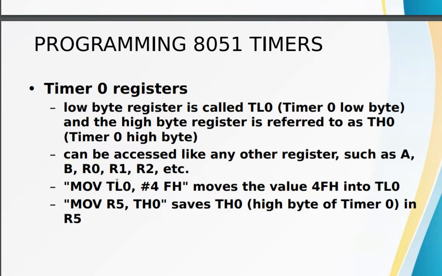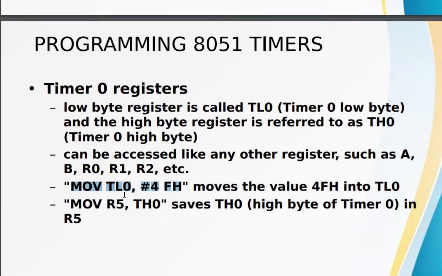We can also load a value using the command MOV TL0, #4FH. Here 4F means 0100 1111 in binary, which is represented in hex code, and it moves the value 4F into TL0.